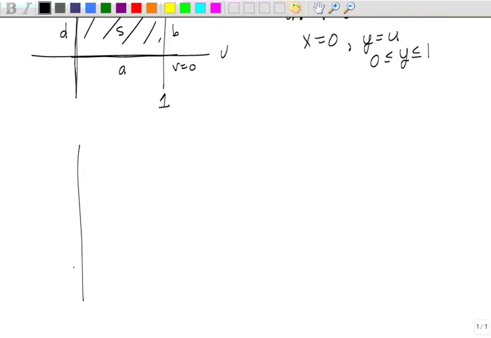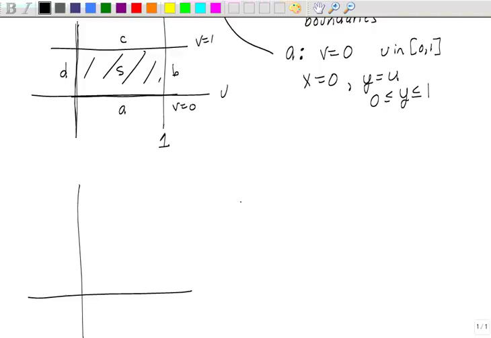So if we graph it, where u equals 0 and v equals 0, we're going to get the point x equals 0, y equals 0. So we're going to start here.